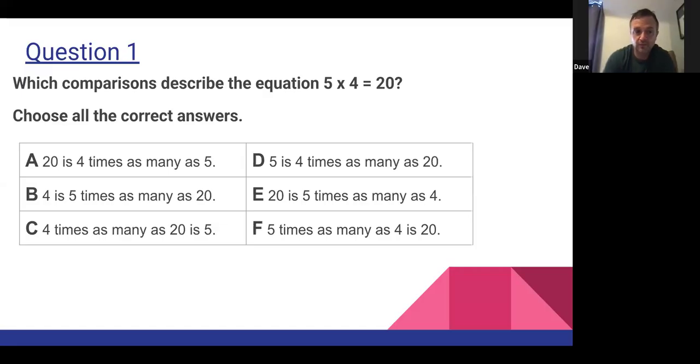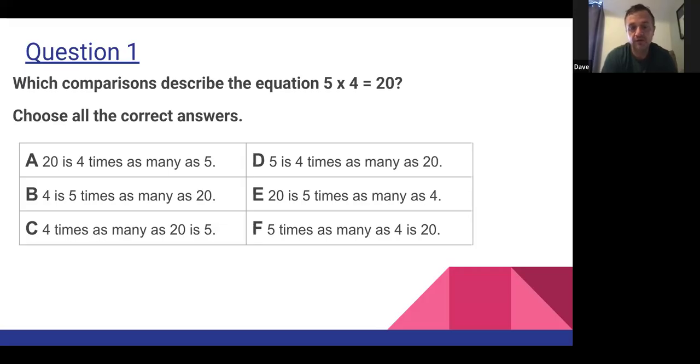So A is an answer, B is not. Letter C. 4 times as many as 20 is 5. That is not an answer. Remember, whatever it is, it has to be 20. Okay? So A is the only correct one so far.